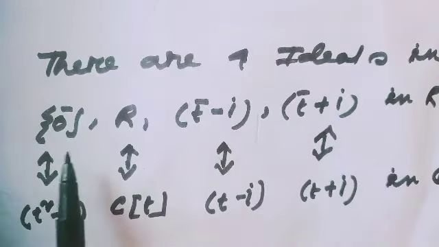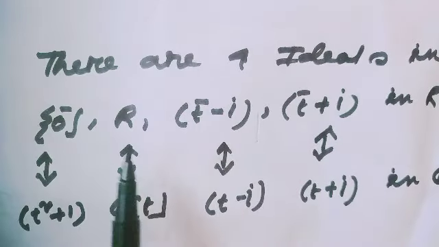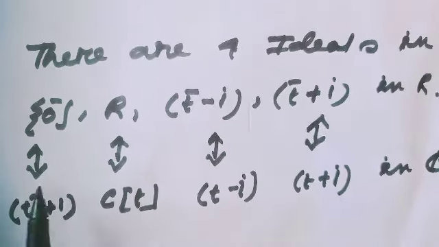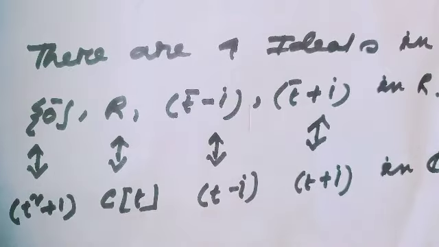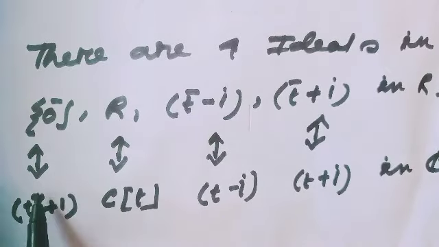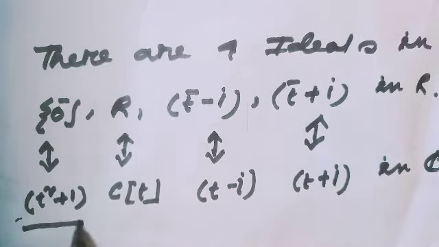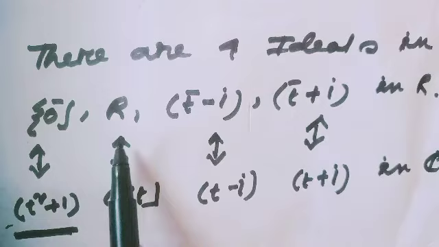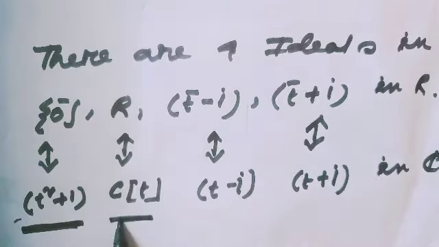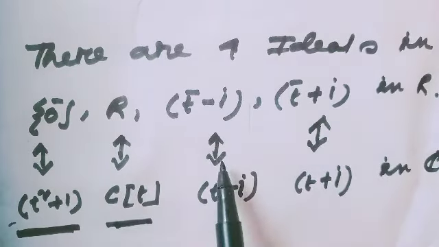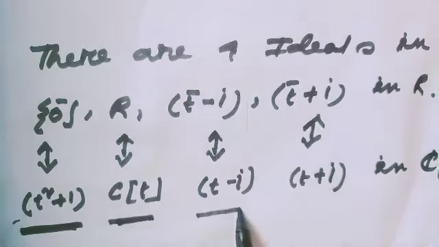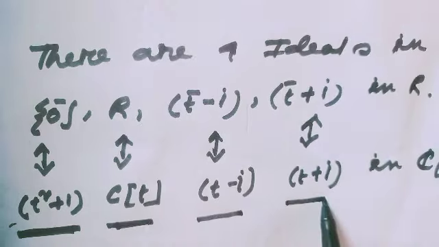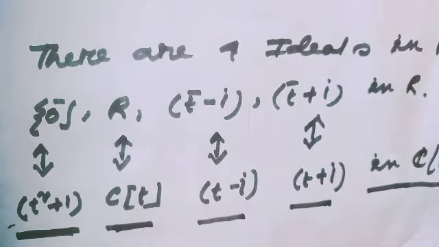These are the 0 ideal, the ring itself, (t̄ − i) and (t̄ + i) in R. The 0 ideal actually corresponds to (t² + 1), which is the smallest ideal, the whole R corresponds to ℂ[t], and (t̄ − i) corresponds to (t − i), and (t̄ + i) corresponds to (t + i) in the ring ℂ[t].